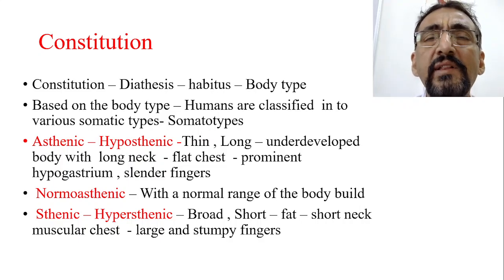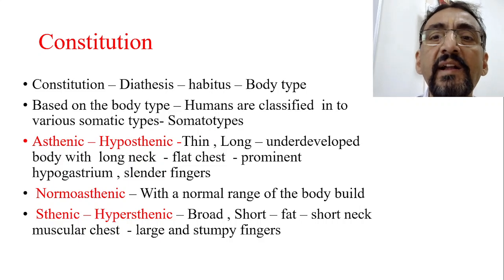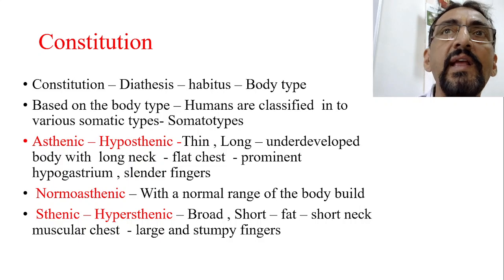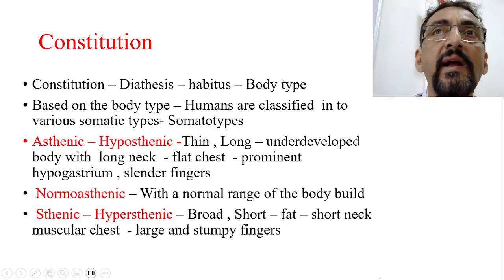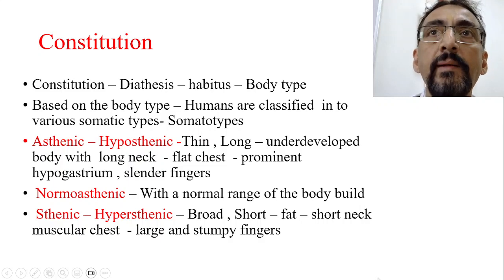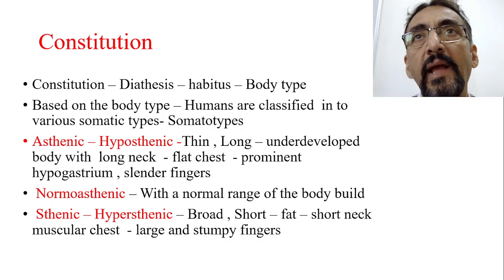So the body is totally thin, long and underdeveloped with a long neck, flat chest, prominent hypogastrium, and very slender fingers. If you look very carefully, the presentation given under the heading of Vataja Prakriti in Ayurveda almost all stands equal with the hypoasthenic body type.